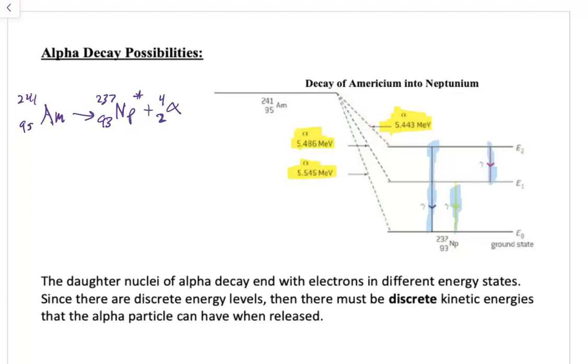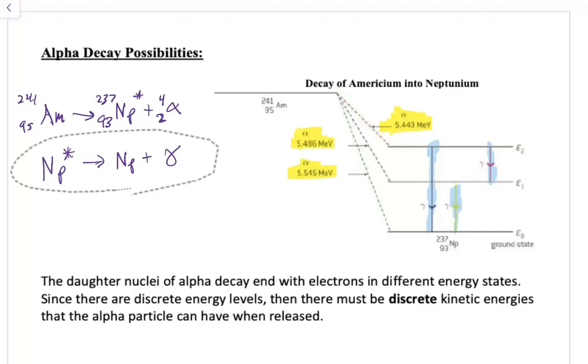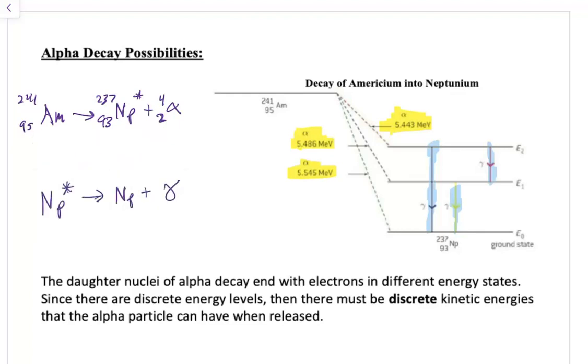So this second stage that occurs is this excited neptunium gamma decaying into just ground state neptunium.